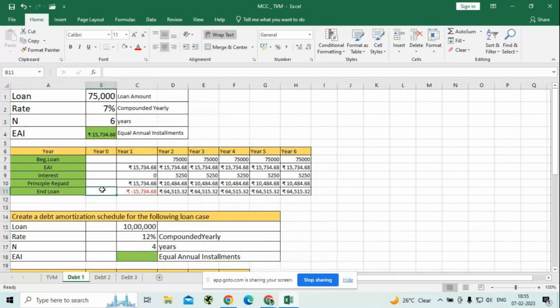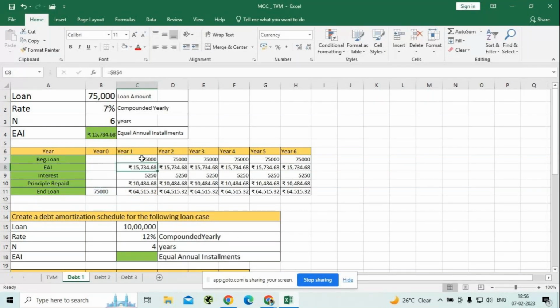Okay, so here in year 0, you are going to keep only the end loan amount. That is 75,000. So for year 0, the end loan is 75,000. That is the starting value of a loan. The same amount will be year one's beginning loan. So I'll select this, enter.